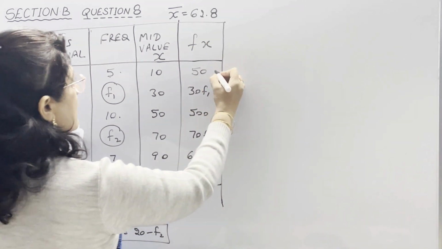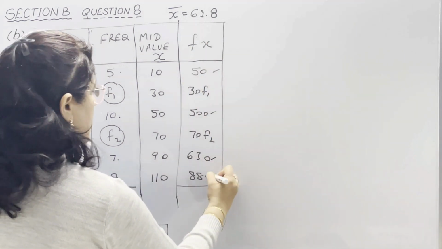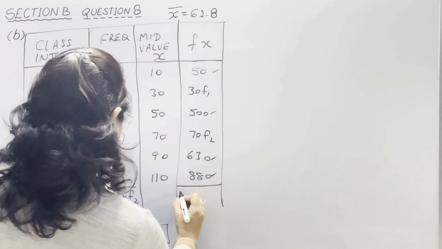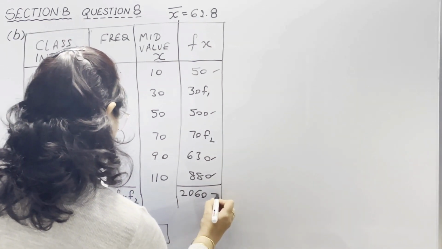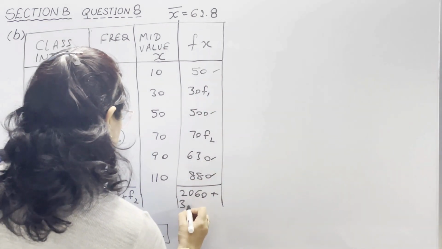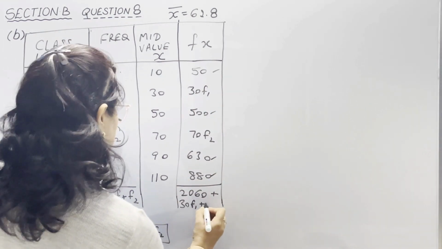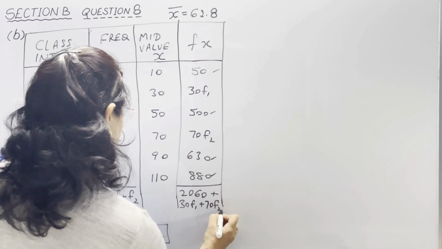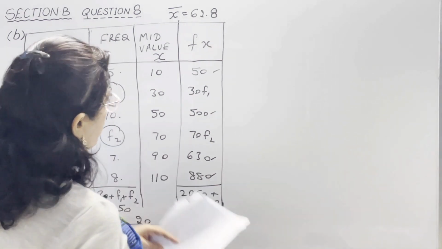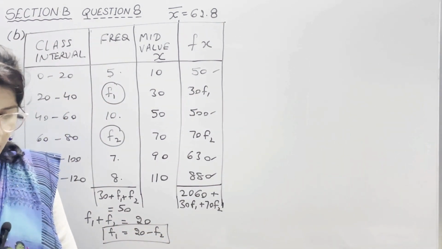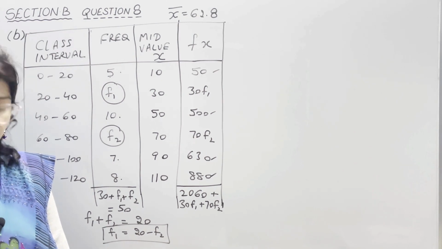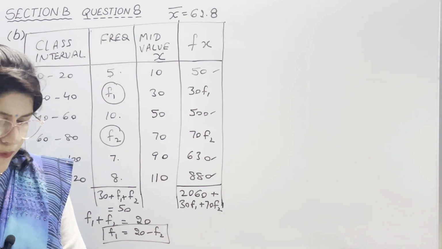Now for fx we need to add these, and the value comes out to be 2060 plus 30 f1 as it is and then 70 f2 as it is. Now we know the formula for calculation of mean, and we need to use only the direct method for these types of questions.